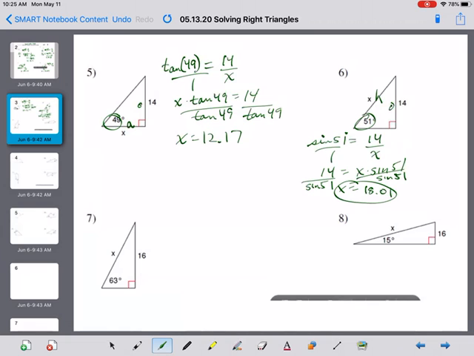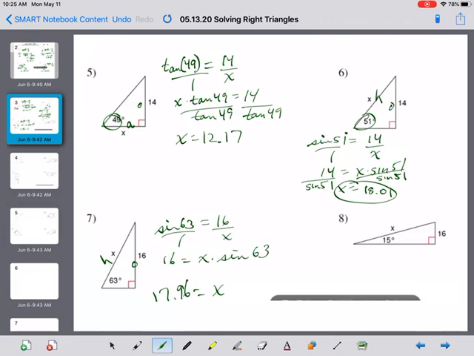Number 7. 16 is the opposite, x is the hypotenuse. Sine 63 equals 16 over x. Cross multiply. Divide both sides by sine 63. 17.96.